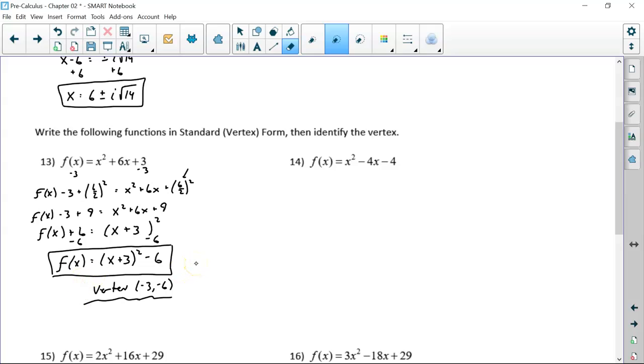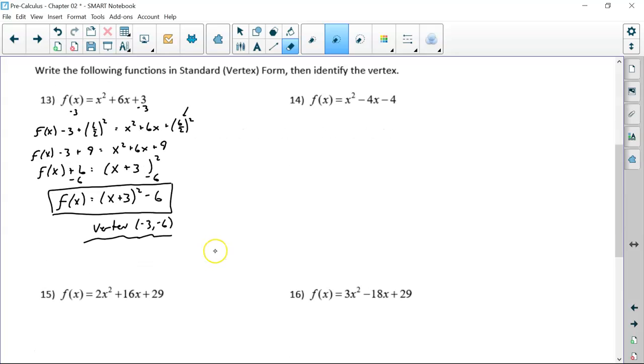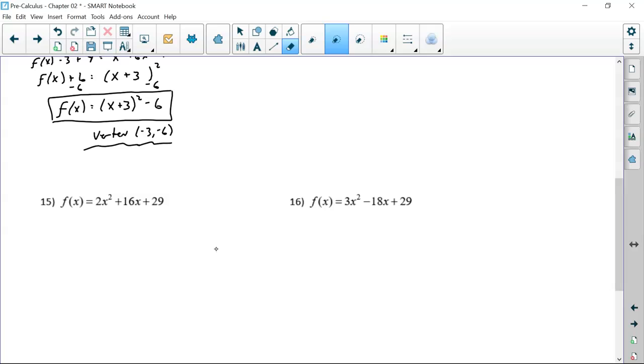We're going to move to more challenging problems. Number 15. Now what makes 15 more difficult is we have the 2. So I'm going to start by dividing each term by 2, including the f of x. Now there's multiple ways to do this. I find this to be the easiest way to do it.